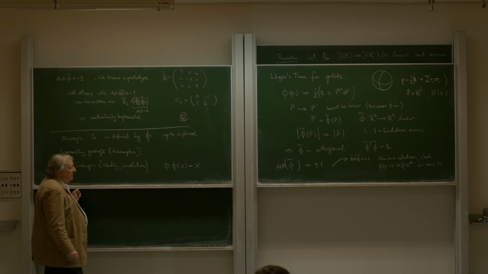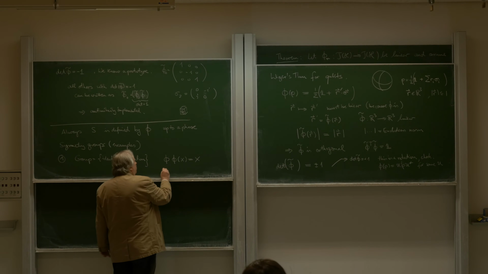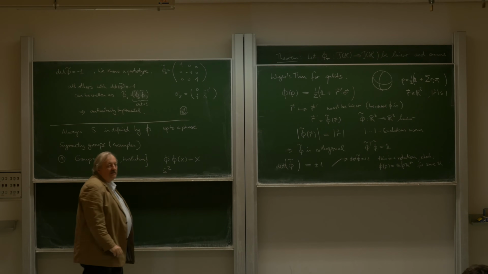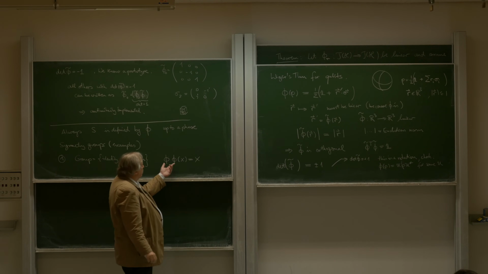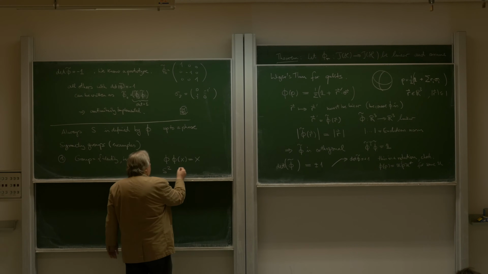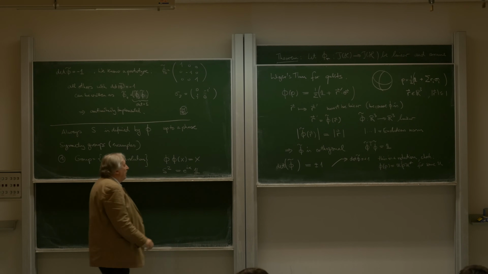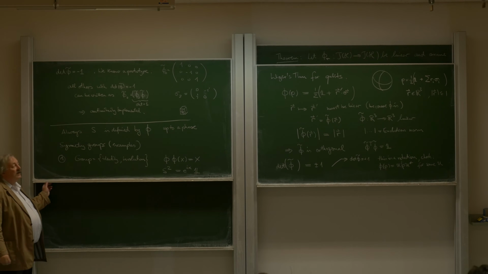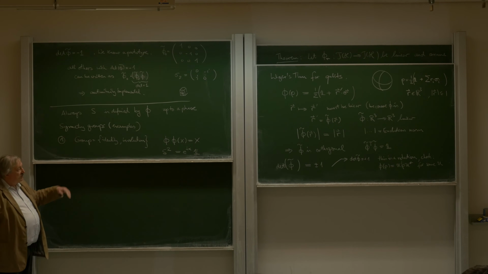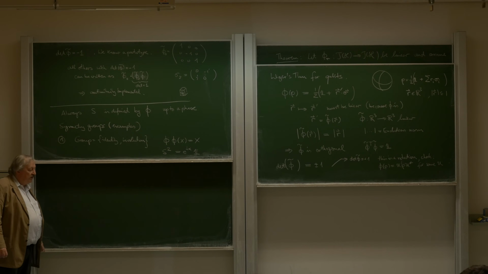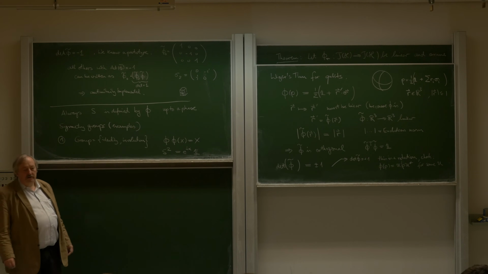So this implies that if I do this with an S, maybe of the unitary or anti-unitary kind, then S squared would implement the identity. So S squared has to be a multiple of the identity, that is, e to the i alpha times the unit operator. I'm consistently looking at the normalized case, so these will be unitary operators. And so we have unitary or anti-unitary operators with square 1.